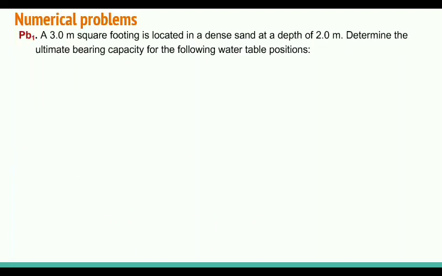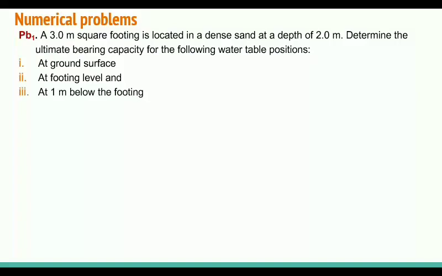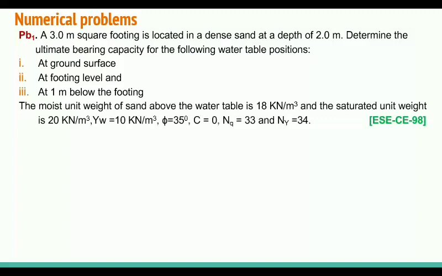So the first numerical: a 3 meter square footing is located in dense sand at a depth of 2 meter. Determine the ultimate bearing capacity for the following water table positions: at the ground surface, at the footing level, and at 1 meter below the footing. The moist unit weight, or bulk unit weight, of sand above the water table is 18 kN per meter cube, and the saturated unit weight is 20 kN per meter cube.